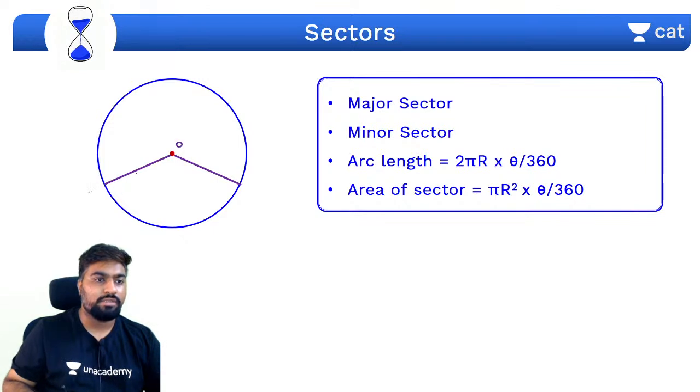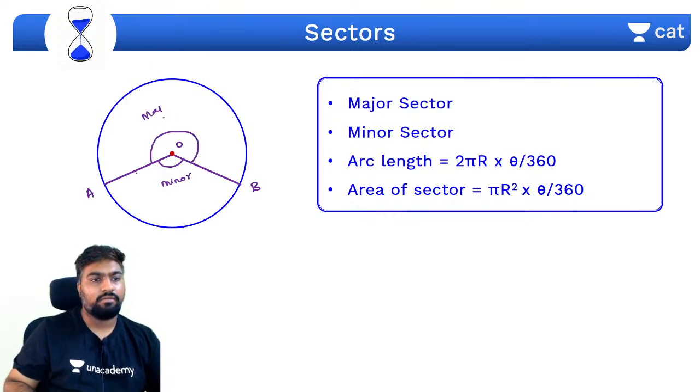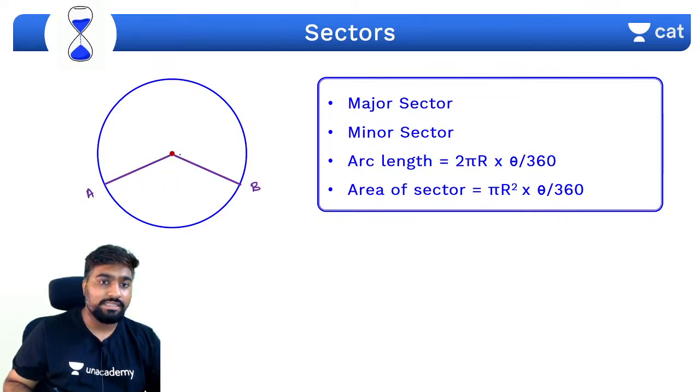Let's say this is O, this is A, this is B. OAB forms a sector, where this part will be the minor sector and this part will be the major sector. All of this depends upon the angle formed at the center, which is called the central angle, theta.